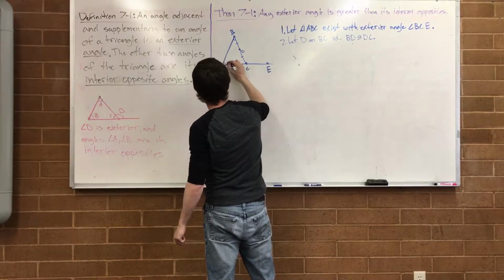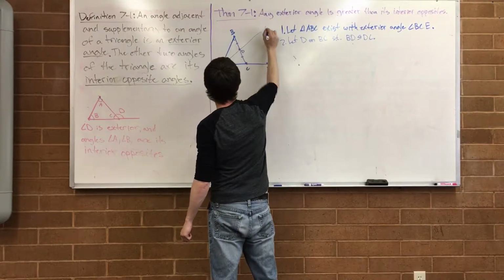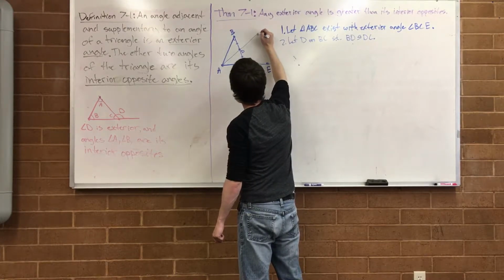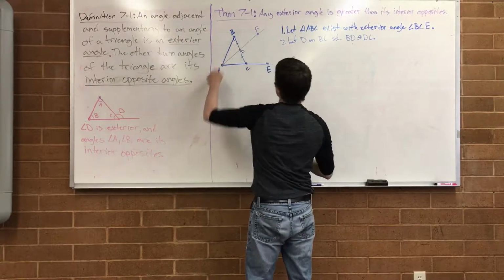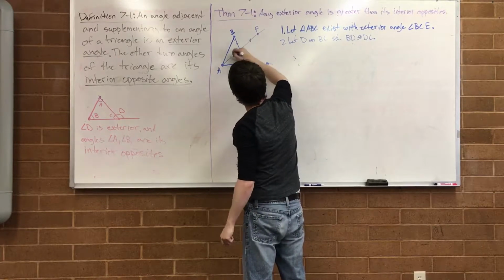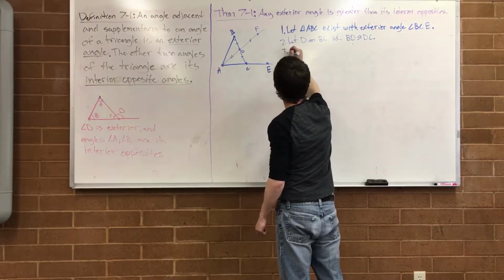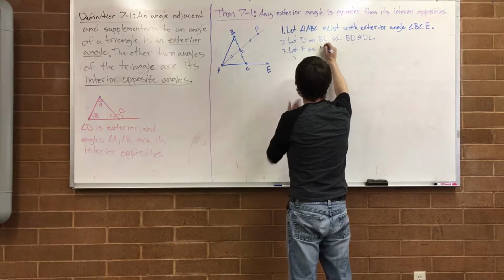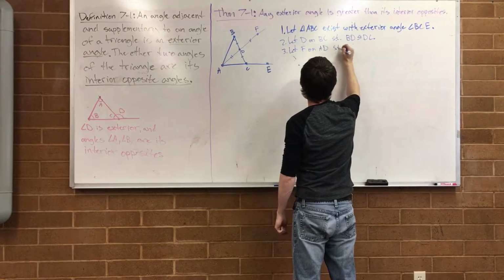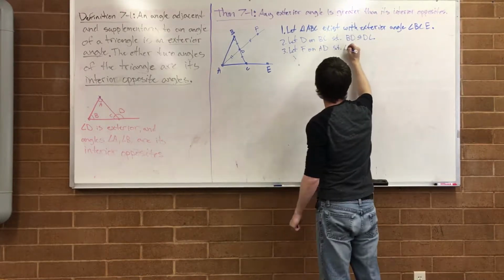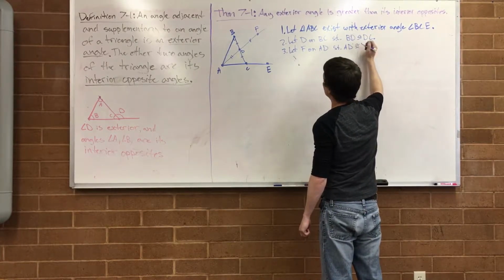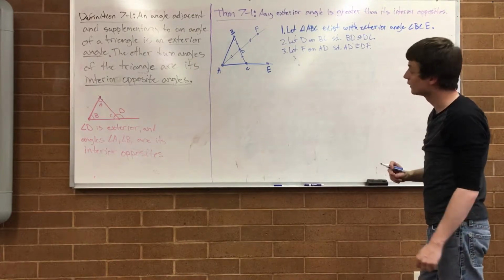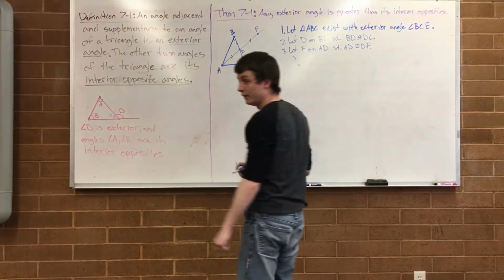So now, we're going to pick a point F on line AD so that DF is congruent to AD. Let F on AD such that AD is congruent to DF. Okay? Still with me?